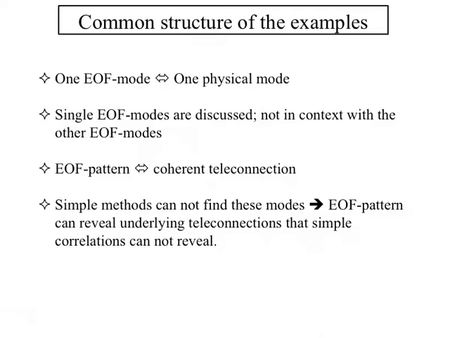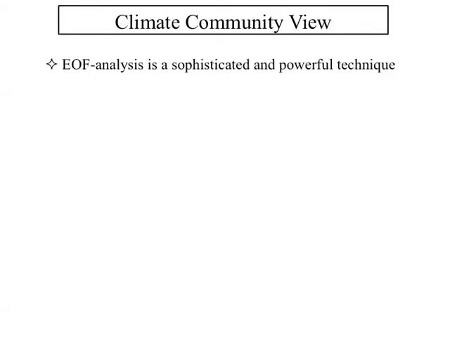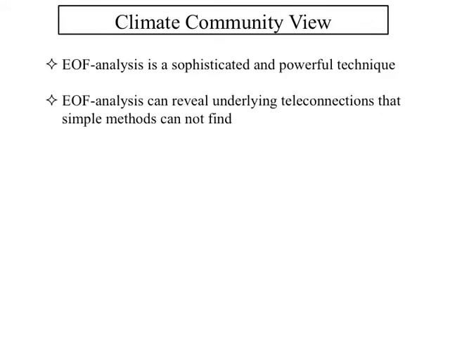They think that the EOF patterns can reveal underlying teleconnections that simple methods can't find. So basically the community view on EOF analysis is that it is a very sophisticated, powerful technique. It can reveal underlying teleconnections that simple methods simply can't find. So you have something which is more powerful than a simple correlation analysis.